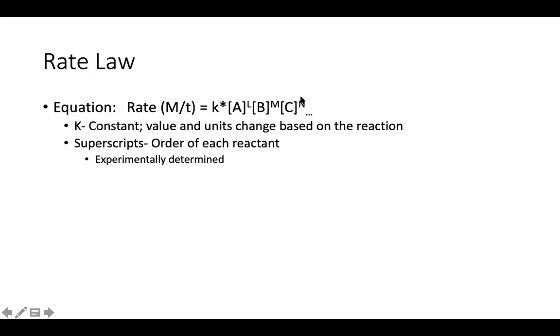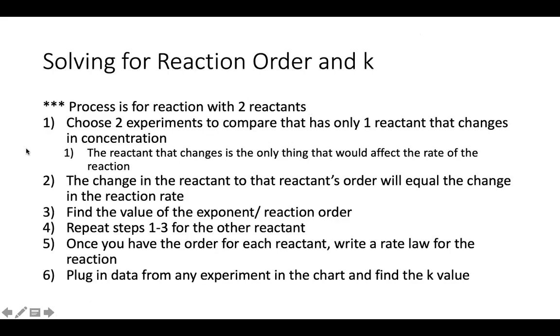We have to experimentally solve for these orders. And remember that K can change in value and in units. So you have to evaluate what our overall reaction order is to find K.